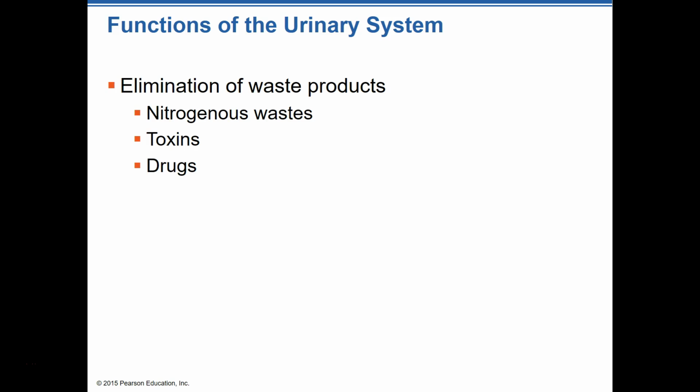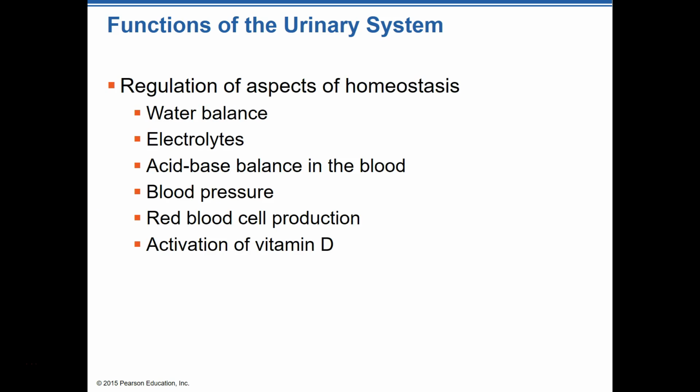So there's a trade-off. Get rid of waste, lose some water, and that's why we need to continually be taking water into our bodies. That's just one of the ways we lose water. There's other ways, but that's one of the main ways. Part of what the urinary system does is it regulates water, and also regulates electrolytes.